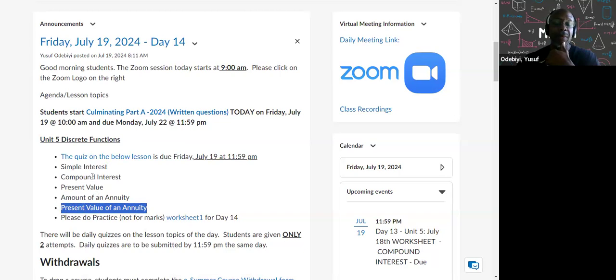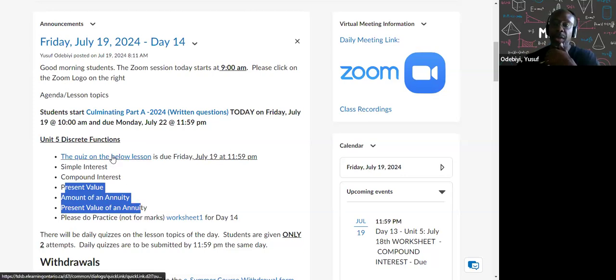And when I'm done covering all this, there is a quiz related to simple interest, compound interest, and annuities. The quiz is like you get two attempts. We're going to go through this part here because we didn't finish that yesterday, and then you can work on the quiz.